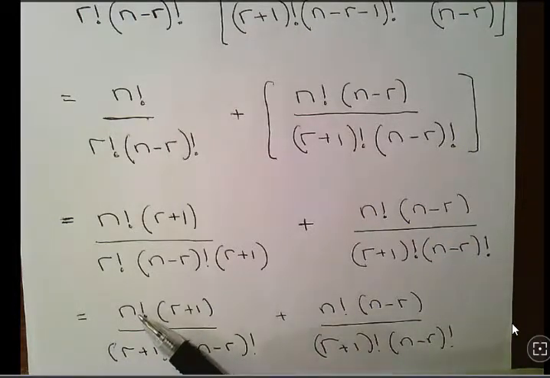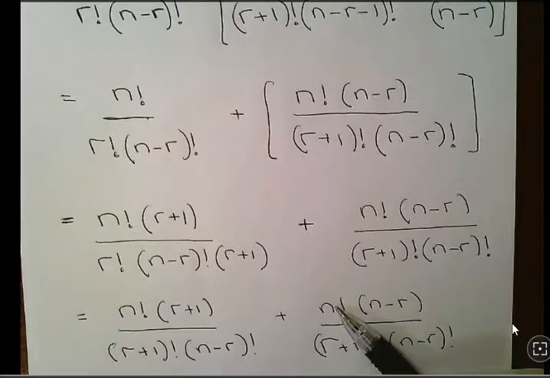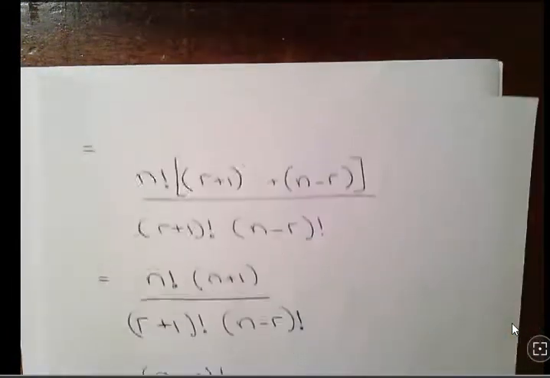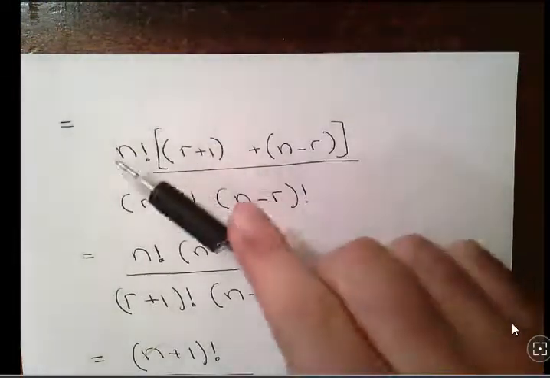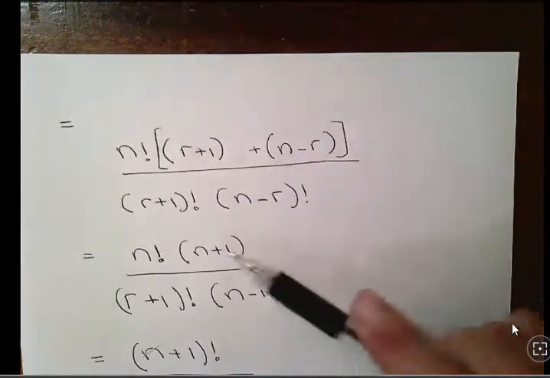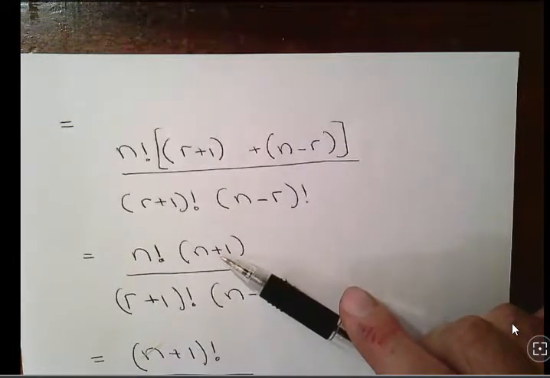So we can combine this into a single expression. We have it in terms of n factorial here and n factorial here. So we have n factorial times r plus 1 and n factorial times n minus r, and we're going to add this to this. When we add them together, it's r plus 1 plus n minus r, which resolves into n plus 1.